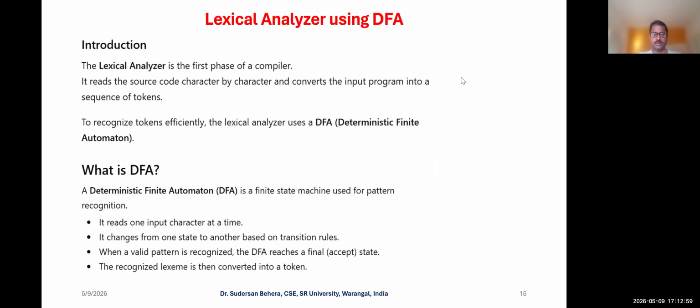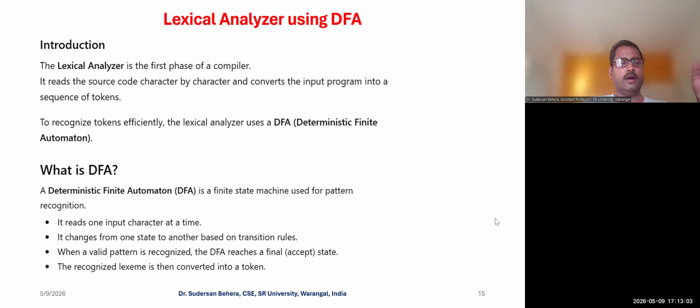Yes, we agree, we have seen that. To recognize tokens efficiently, the lexical analyzer, recognize meaning you got a word, and for that word you need to identify the token. That is called mapping. For that mapping, it uses a DFA, deterministic finite automata.